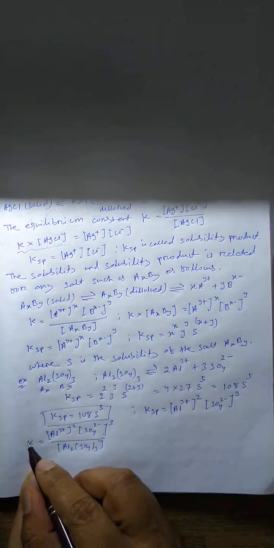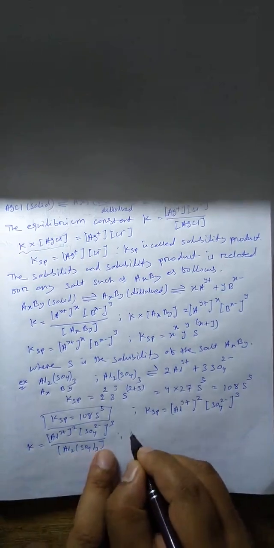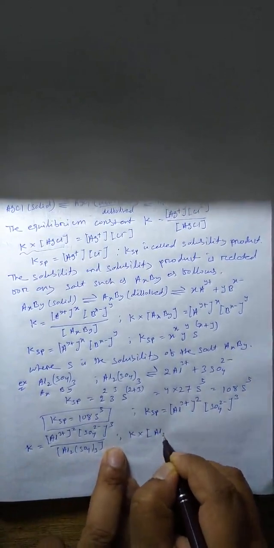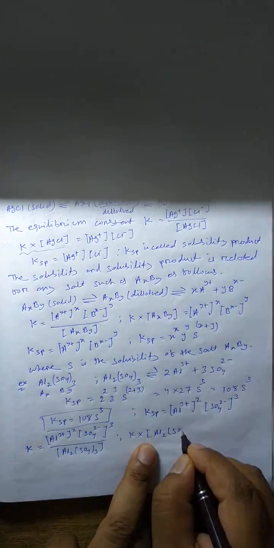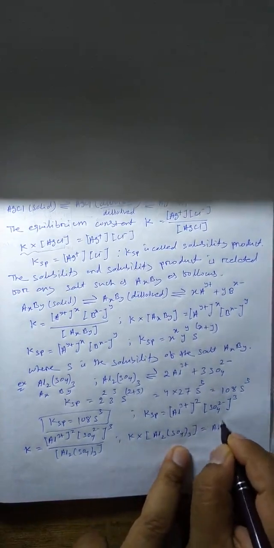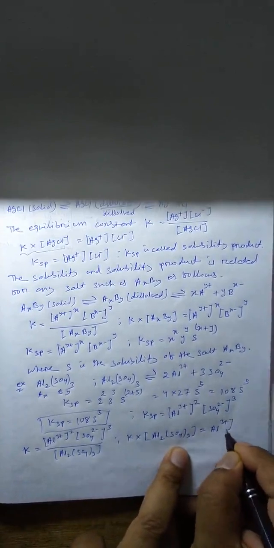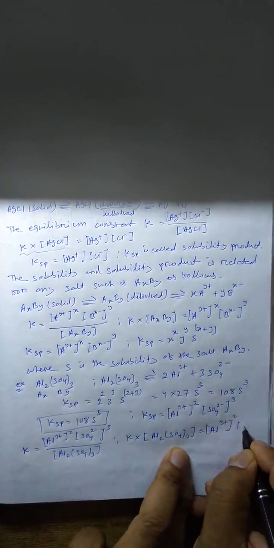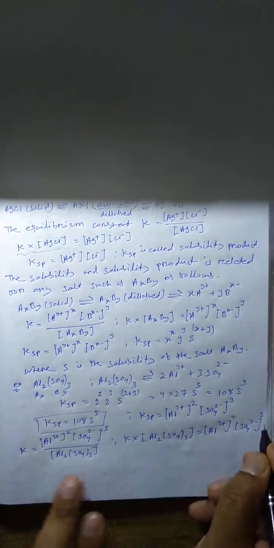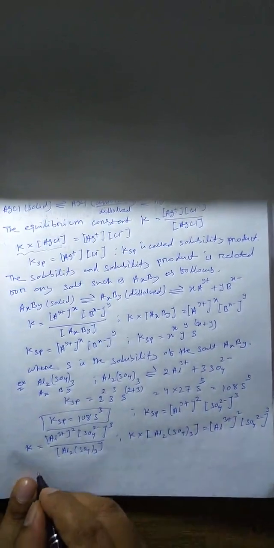Now multiply this with K, and that is equal to the solubility product. K multiplied with the concentration of Al2(SO4)3 is equal to Al3 plus the square into SO4 2 minus the whole cube. This is nothing but KSP.